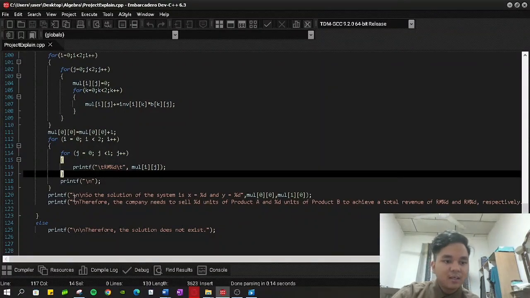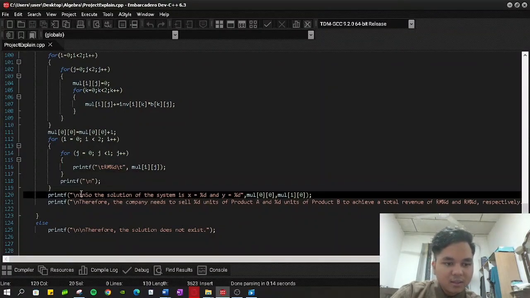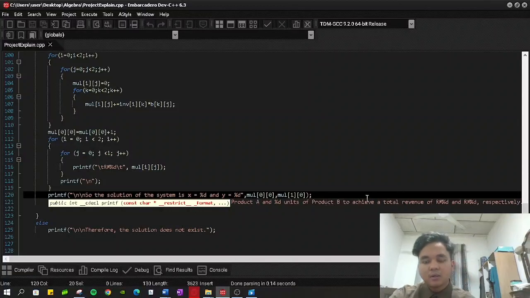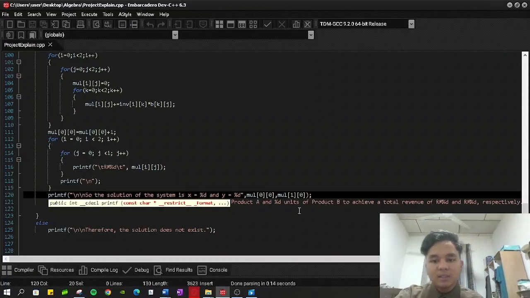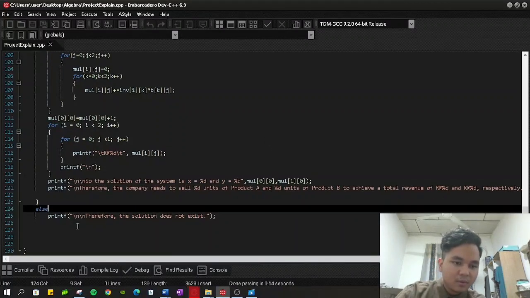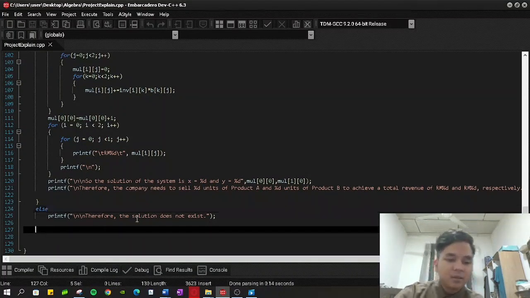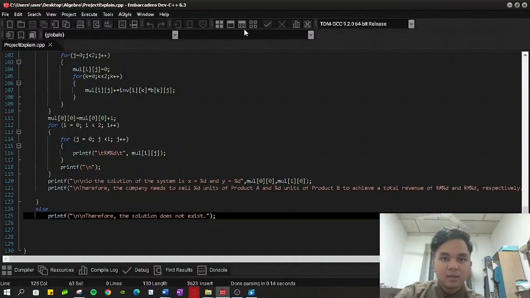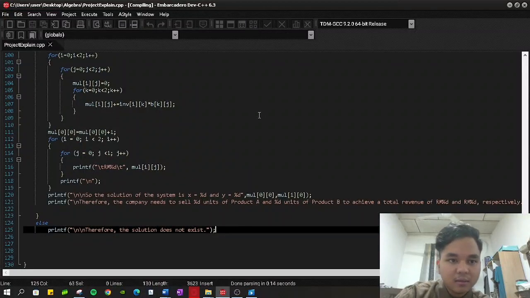After that, we get the answer. So this is the sentence to show the total revenue. Okay, this is the same thing. Pseudocode: if determinant equals 0, therefore the solution does not exist. Okay, let us run the program.